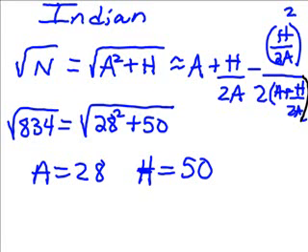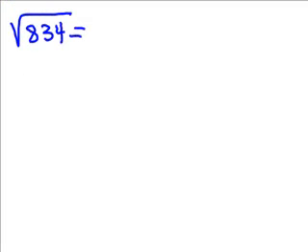So theoretically, this is not a big deal. You just take this value for a and this value for h, and you plug it into your formula, and you get your value. But to actually work it out is quite cumbersome. So, use your calculators to help you out as much as you need. Let's start with this. The square root of 834 has got to equal a plus h over 2a.